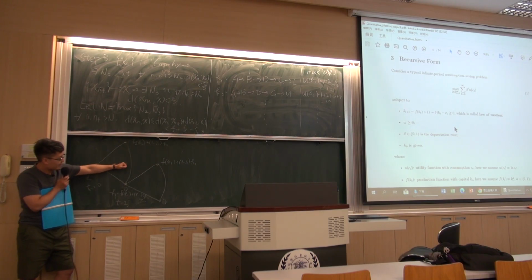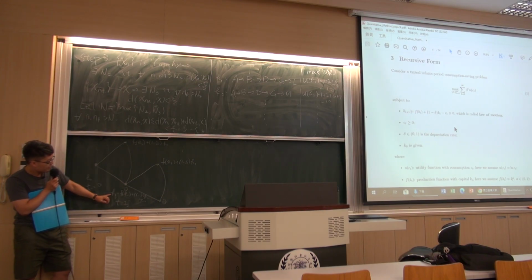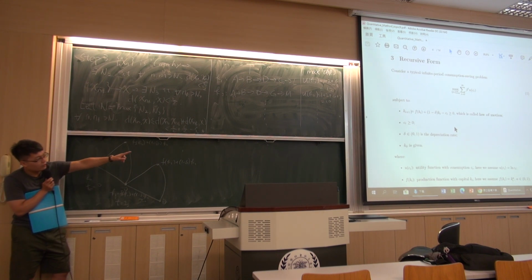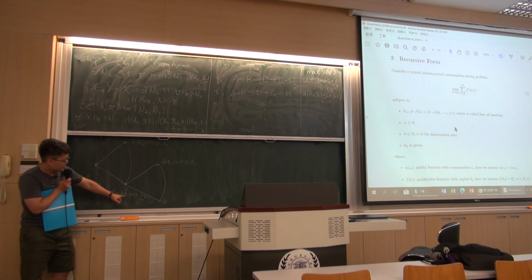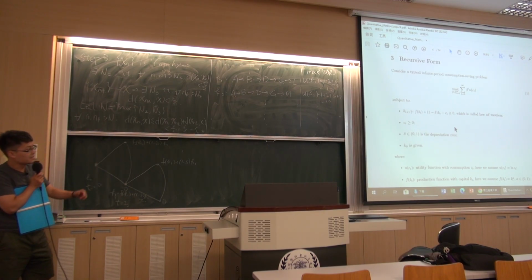And once you decide how much to consume, for example, we decide not to consume, which is c_0 equals 0, then you will automatically get the capital in the next period, k_1, following the law of motion over there. You just plug k_0 into k and c_0 into the c_t there.